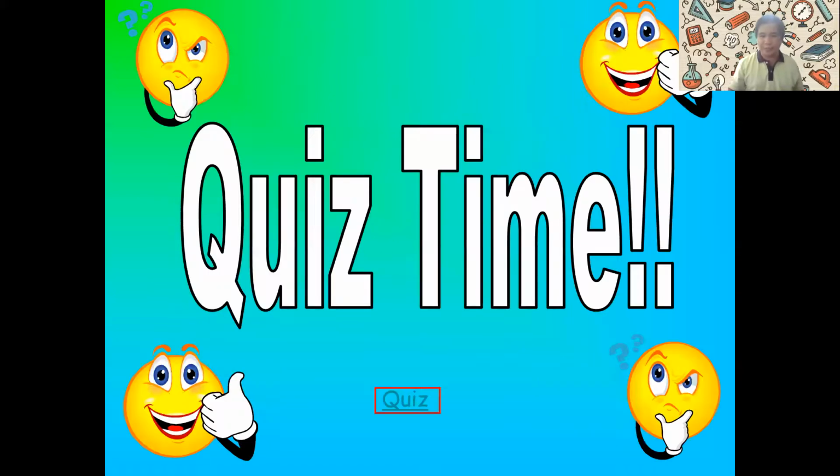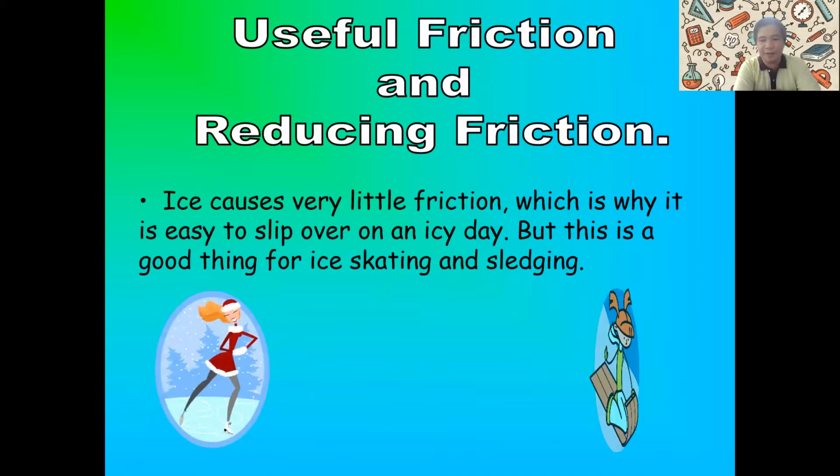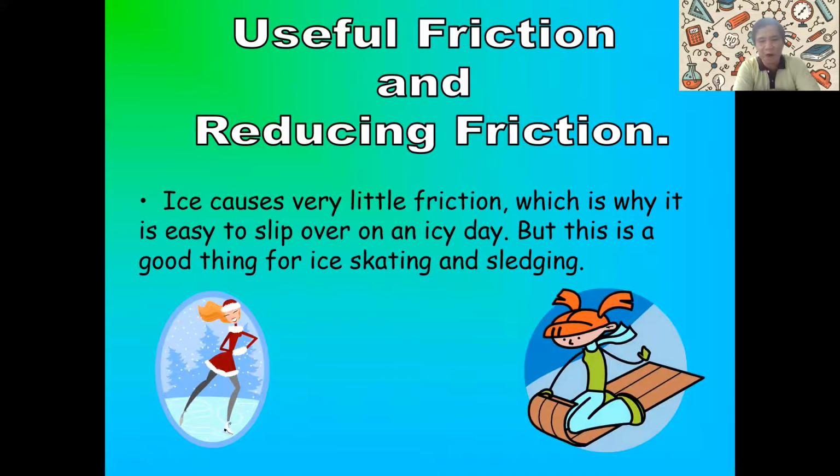How about reducing friction? Ice causes very little friction, which is why it is easy to slip over on an icy day. But this is a good thing for ice skaters and sledging. Reducing friction makes areas hard to walk on, like ice.